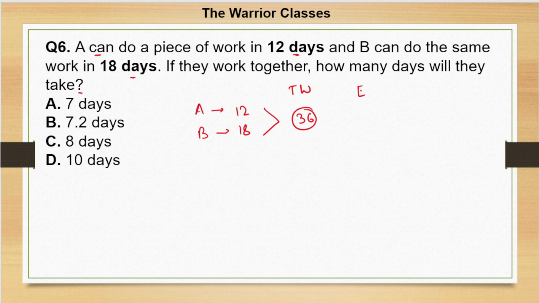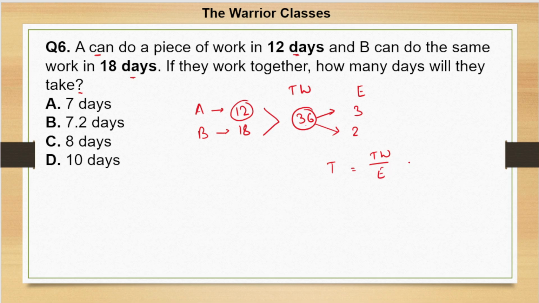Now for efficiency we will divide total work by the number of days. Efficiency of A will be 36 divided by 12, which is 3. Efficiency of B is 36 divided by 18, which is 2. Now for both of them, total time is equal to total work divided by efficiency.